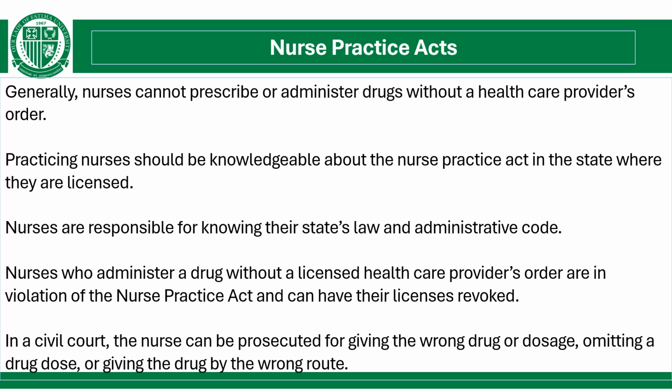Remember, the drug dose for children is different from the adult, which is why we must be careful in computing for the drug dose for children. And lastly, giving the drug in the wrong route. So we must be careful. We must always read carefully the doctor's orders.